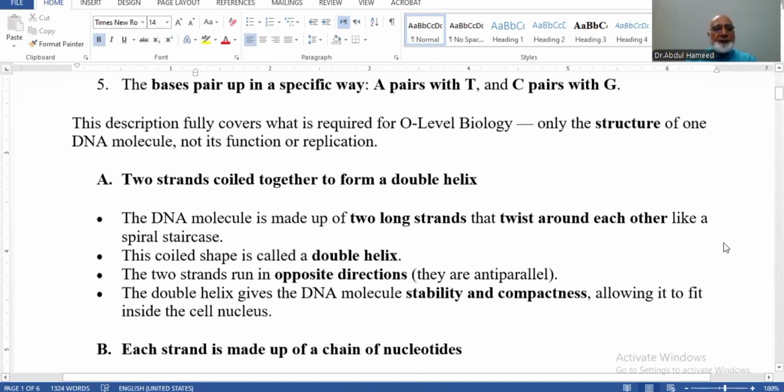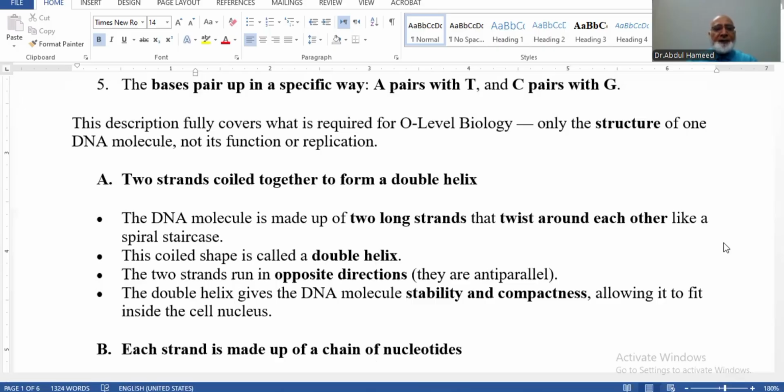So the first subtopic is two strands coiled together to form a double helix. The DNA molecule is made up of two long strands that twist around each other like a spiral staircase, spiral stairs. This coiled shape is called a double helix. The two strands run in opposite directions. They are anti-parallel.